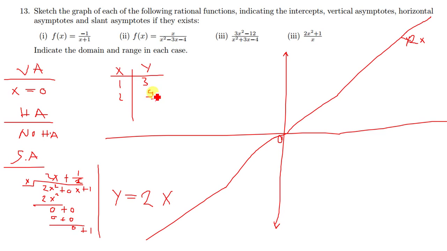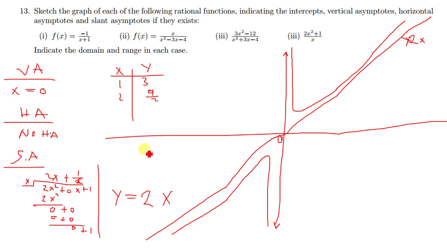Then from there, when you plot points, you pick about 4 points on the left and on the right-hand side of the vertical asymptote. Once you test them, you discover that you have something like that. So this is going to be your solution.